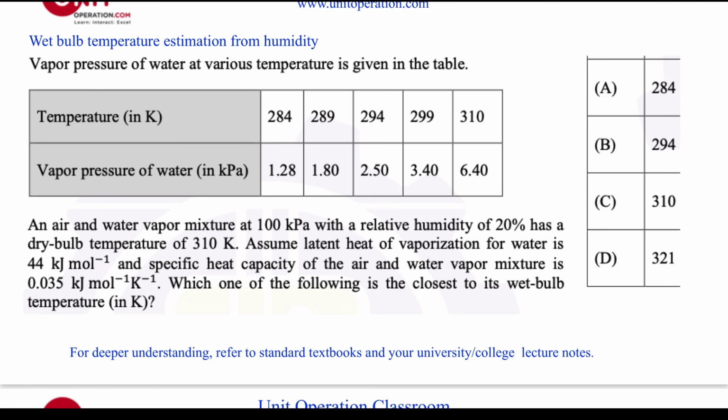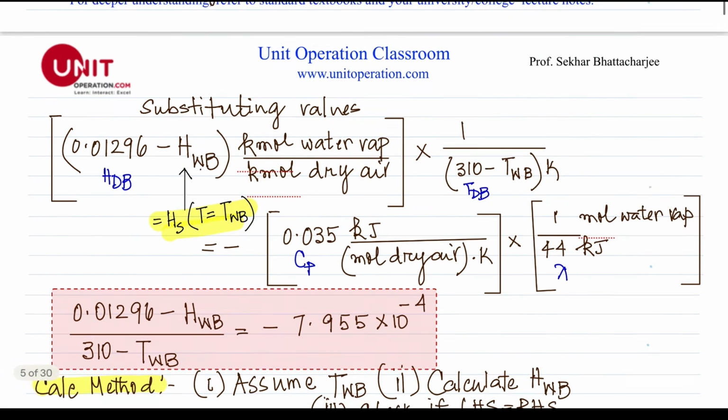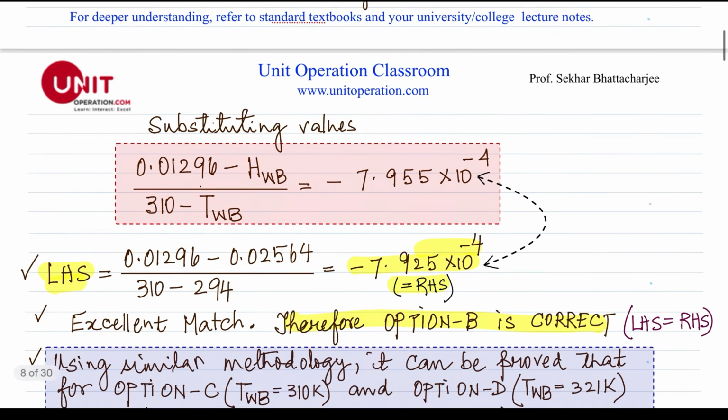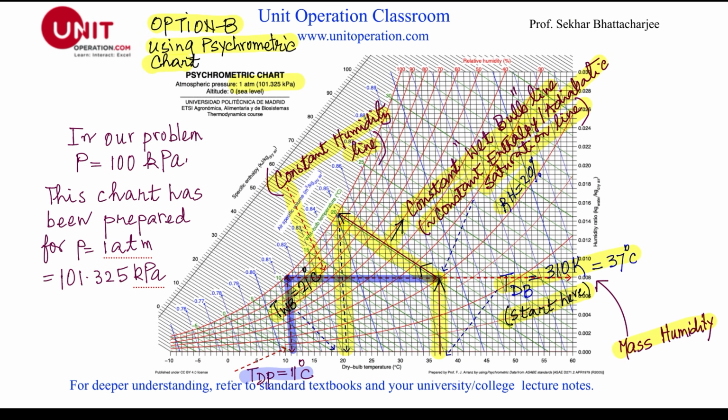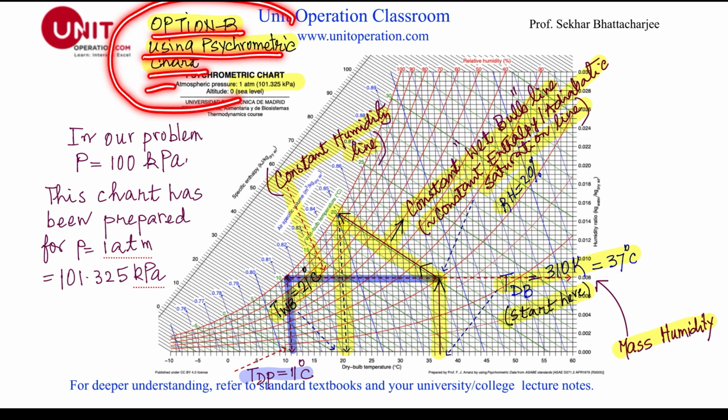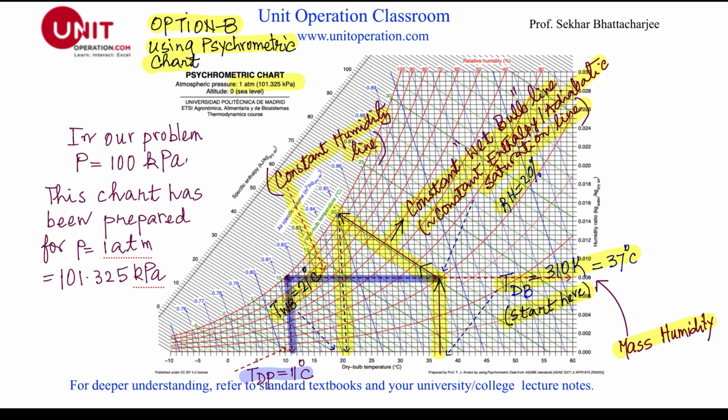Now let's look at the practical application of this problem. Okay, before that, we can solve this problem. This option B, we can show that it is the correct option using psychrometric charts. It's very easy. I will show you how to do that. So this is the dry bulb temperature here, 310 Kelvin, which is 37 degrees Celsius.